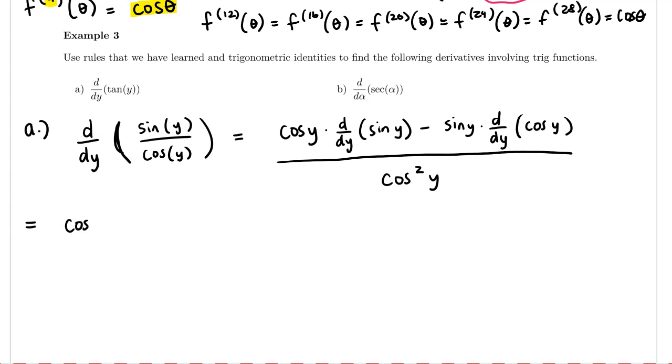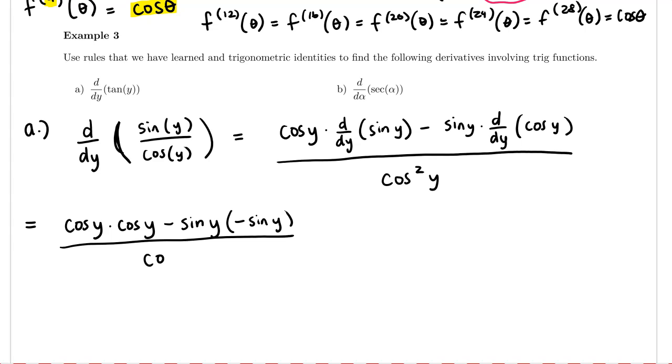So I have cosine of y. The derivative of sine is cosine from above. We saw that in that purple box and we derived it earlier. Then we have minus sine of y. And then the derivative of cosine of y is negative sine of y over cosine squared y.